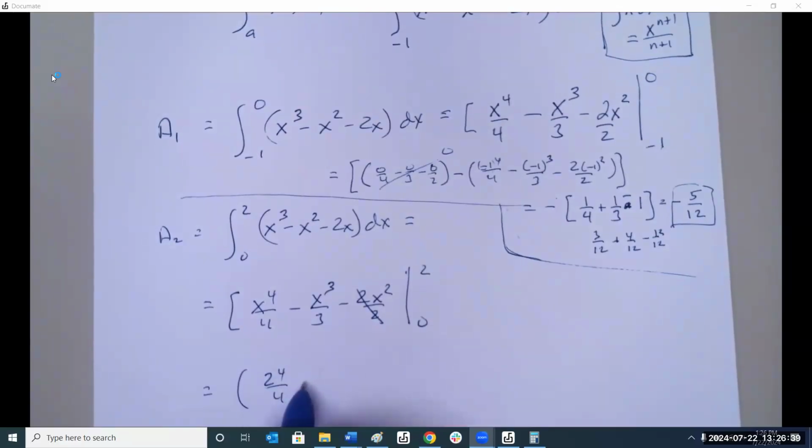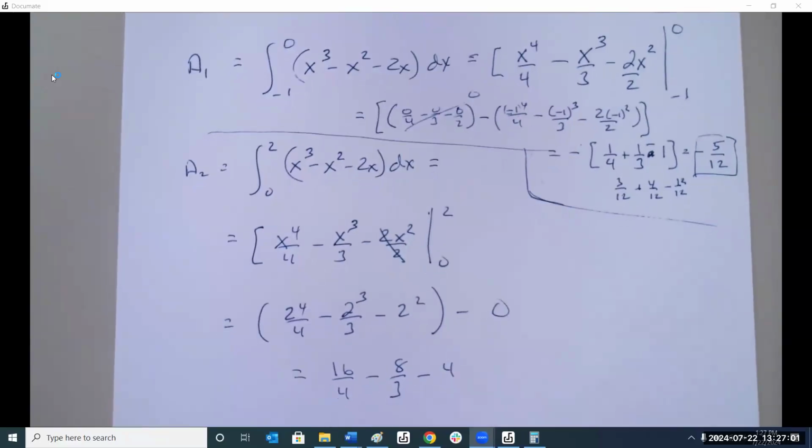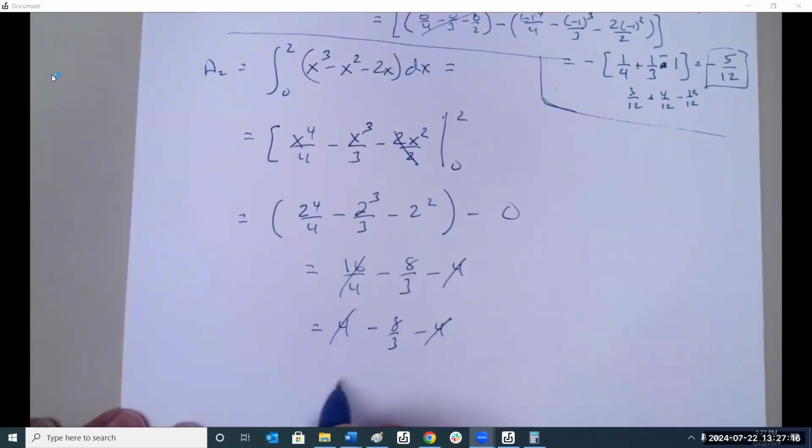Two to the 4th over 4 minus 2 cubed over 3 minus 2 squared minus 0. 16 over 4, 8 over 3, 4 minus 4 is 0. So the answer is -8/3.